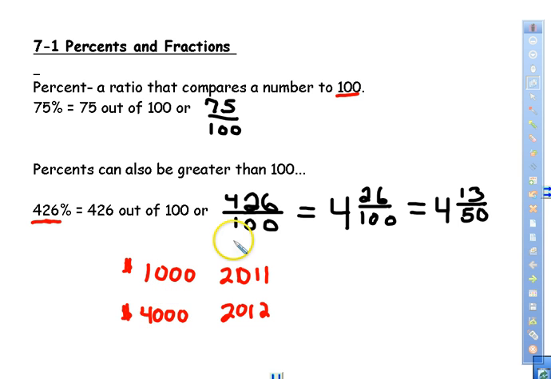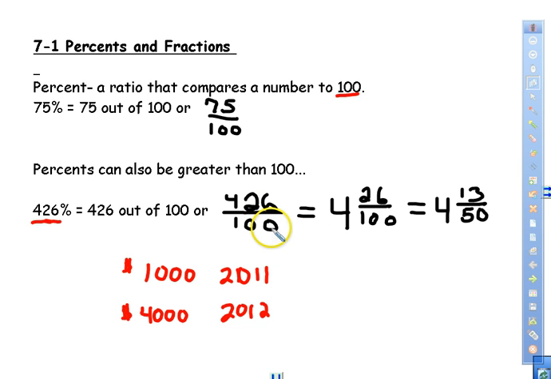Okay, so that would be 400% larger, so you made 4 times that amount. If it was 200%, you would have made double that amount. If it was 300%, you made 3 times that amount, and so forth. So that's where we're coming up with the 426%, and it's still compared to 100, because again, 100% means one whole.